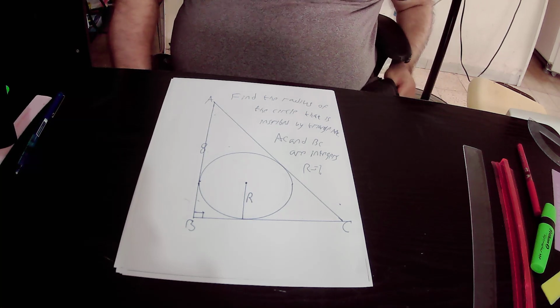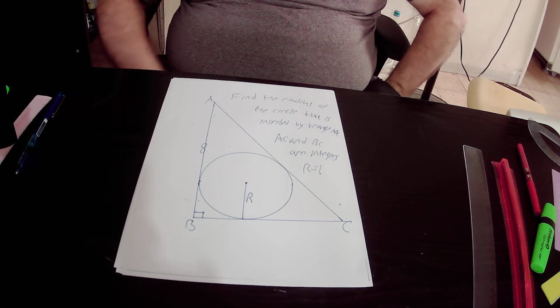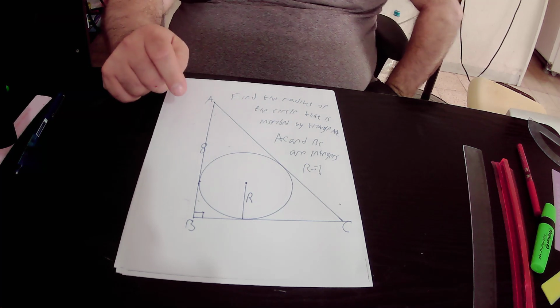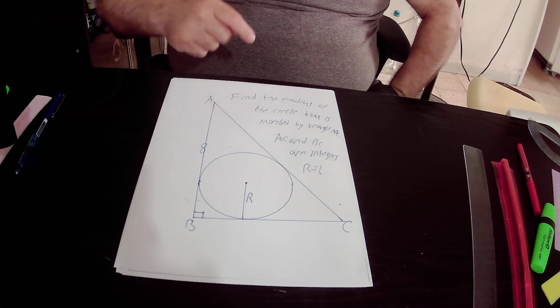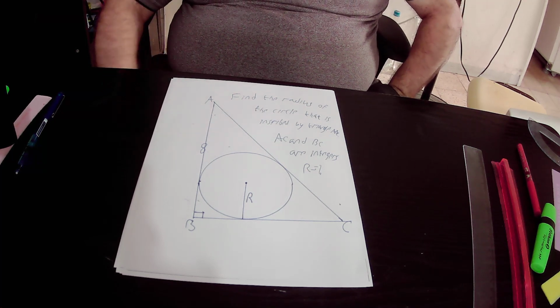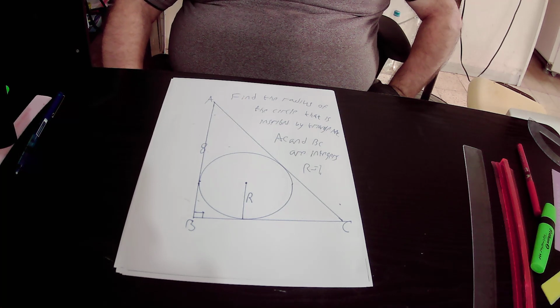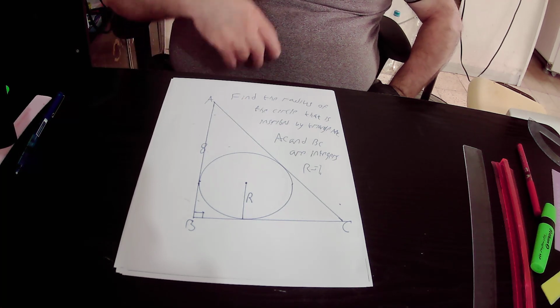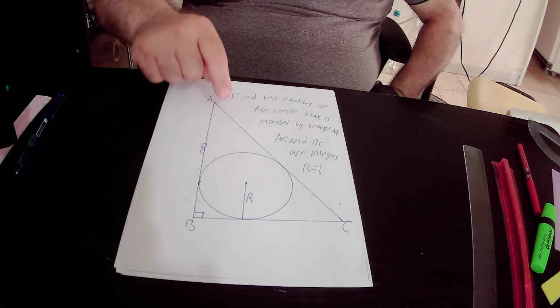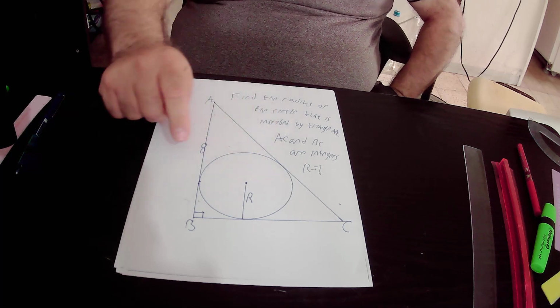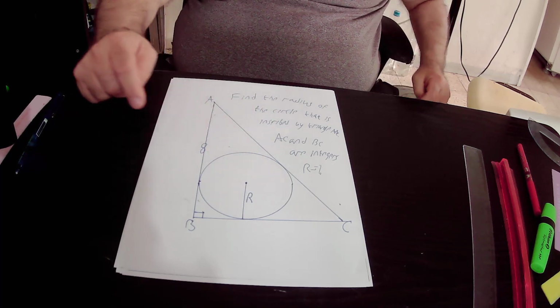It is given in the question that the lengths of side BC and side AC are integers. Okay, and I want to find out the radius of this circle that is inscribed by the right triangle ABC.